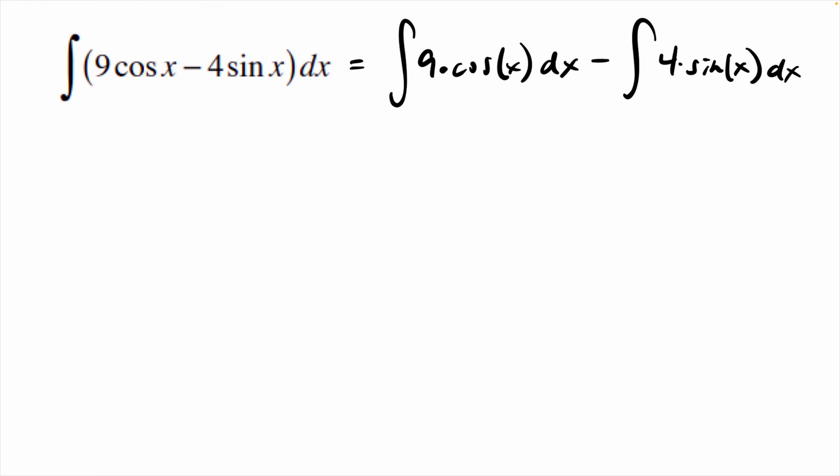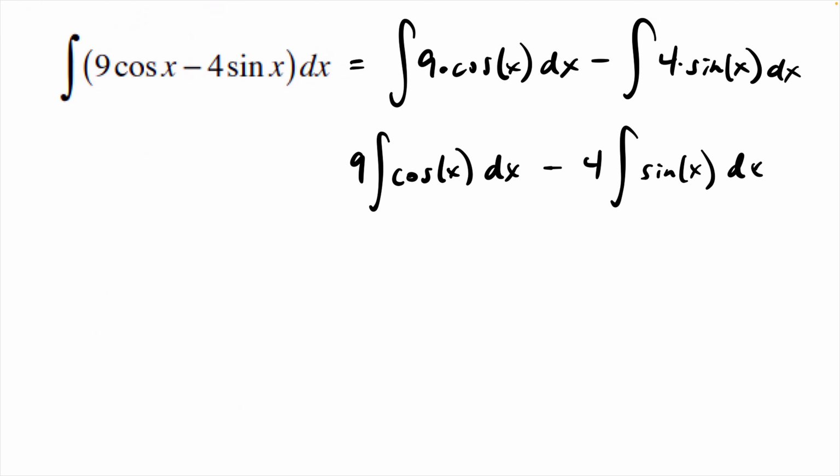From there, you can move the 9 to the front, and you can move the 4 to the front. Now you've got antiderivatives. The antiderivative of cosine is sine, so this one would be 9 sine of x.